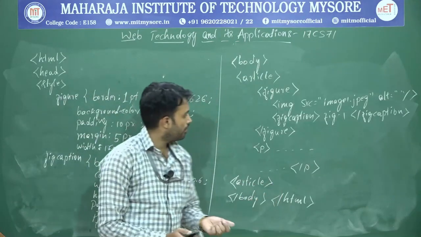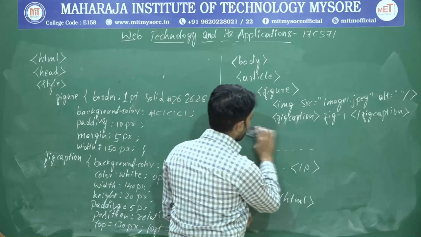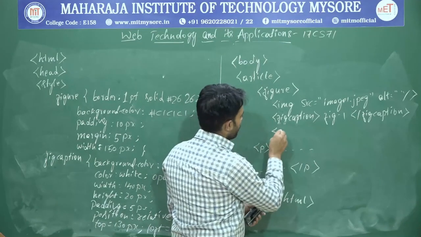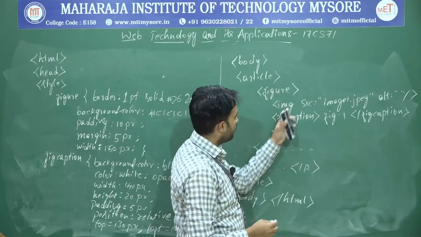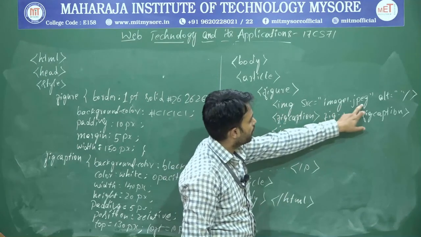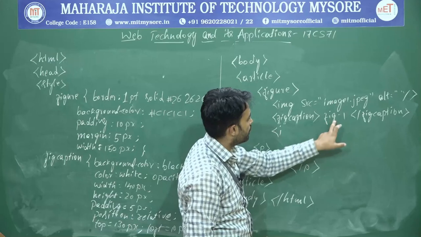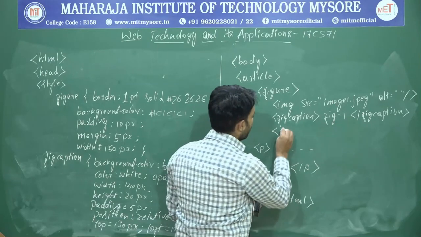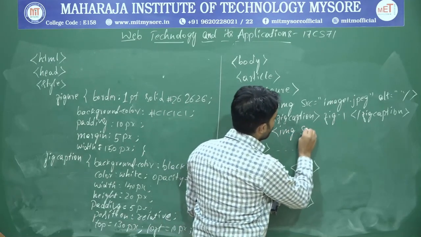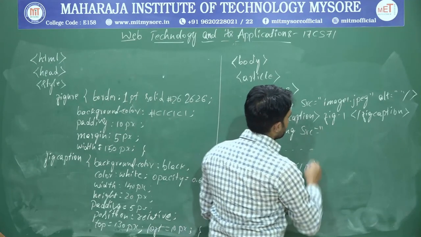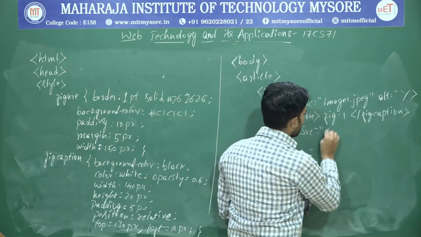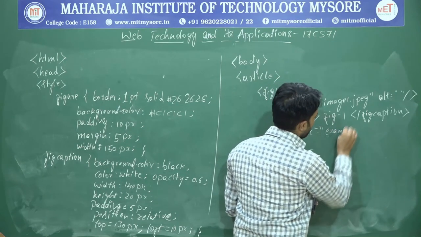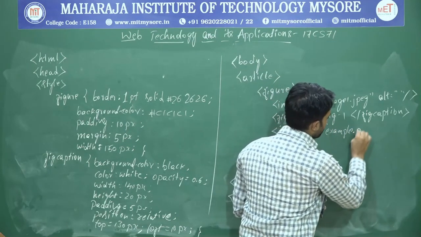Now we'll move into the example. Assume that here we have two images. Within this figure, let us consider one image, image one JPEG, and the caption for that image is Figure 1. And the second image is, source, example dot png.